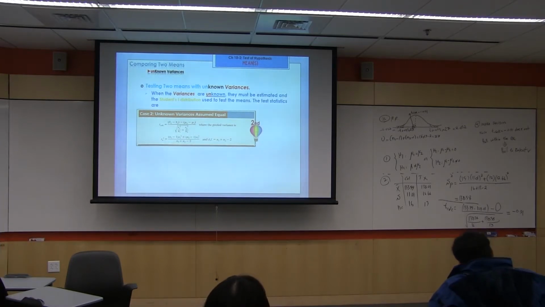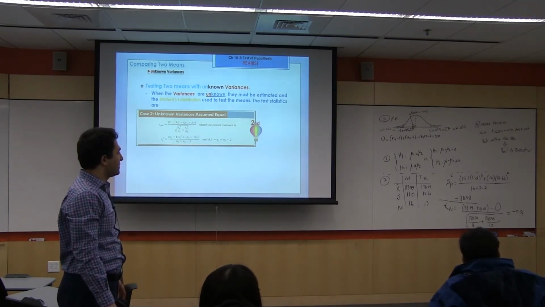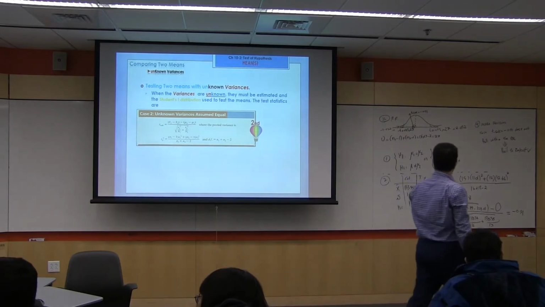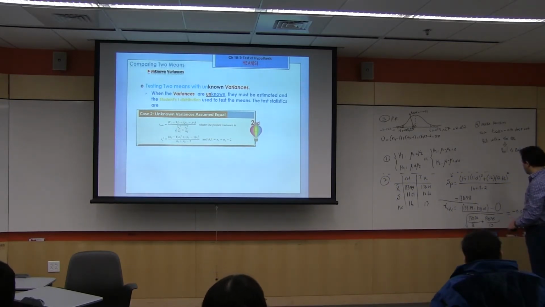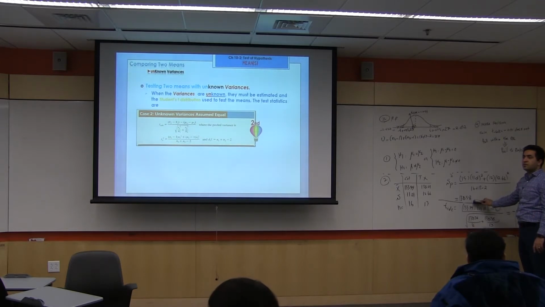Yes? In the T calculate, there are two 138.58. That's one square. This one? Yeah. This is the Sp.